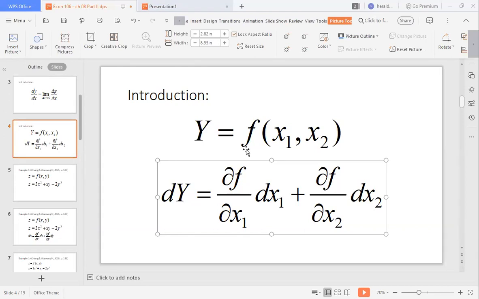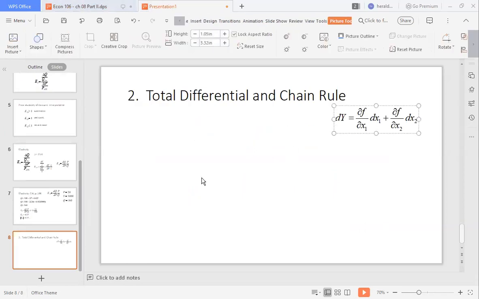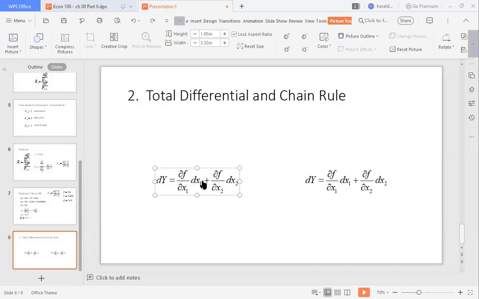But there are actually cases wherein these variables are also functions of other variables. Say, for example, suppose we have this function.